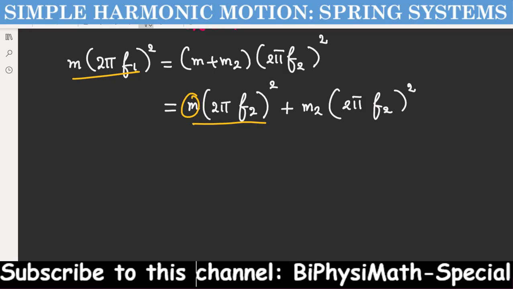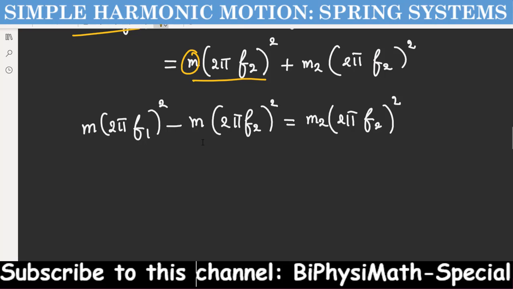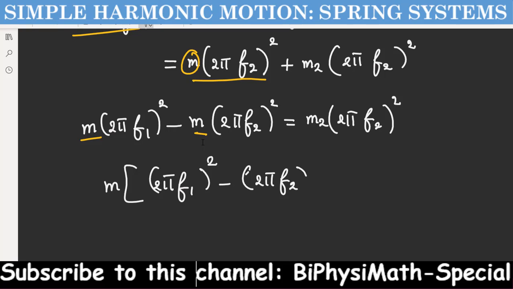Now we put this on the other side: M times 2 pi f1 squared, negative M times 2 pi f2 squared, equal to M2 times 2 pi f2 squared. Now let's factor this M. We find M times the quantity 2 pi f1 squared negative 2 pi f2 squared equals M2 times 2 pi f2 squared. See?